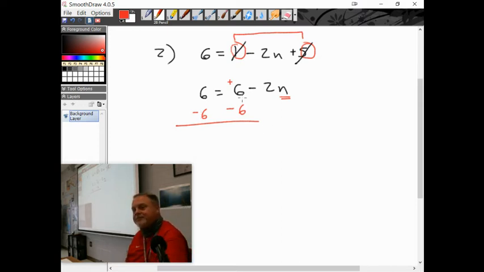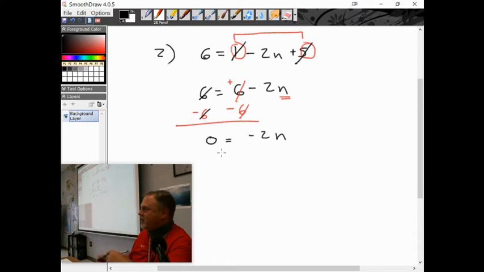Now, the 6s drop out, and that leaves us negative 2n on the right. The 6s over here drop out. And since they're the only things over there, I'm going to go ahead and drop that 0 down. I could have dropped a 0 down here and had 0 minus 2n, but in the next step, the 0 would have been gone. Over here, since it's the only thing we've got, let's go ahead and leave it.